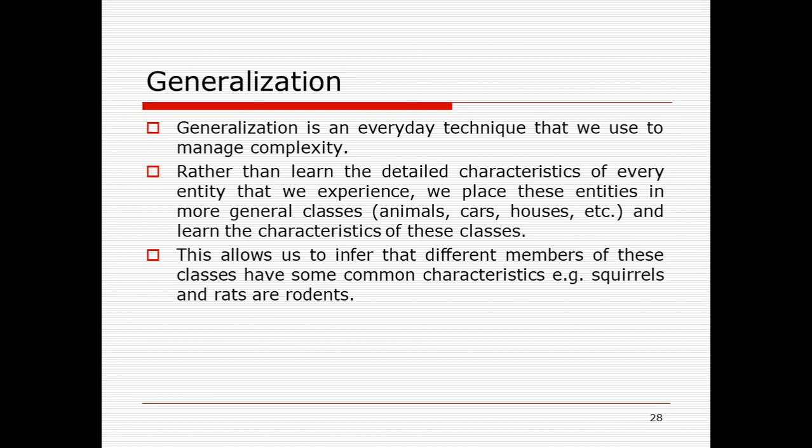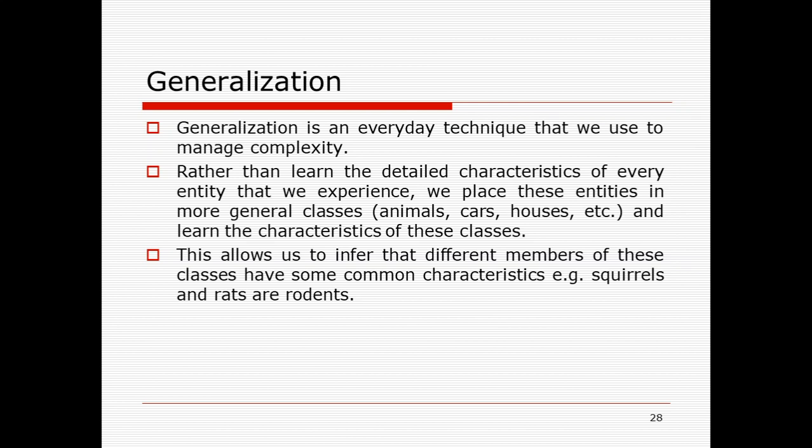Suppose we can have some generalized classes like animals, cars, houses, etc. If we have animals as a generalized class, then obviously the different categories of animals will have the same characteristics as derived from the animal class. The same applies to the other classes.